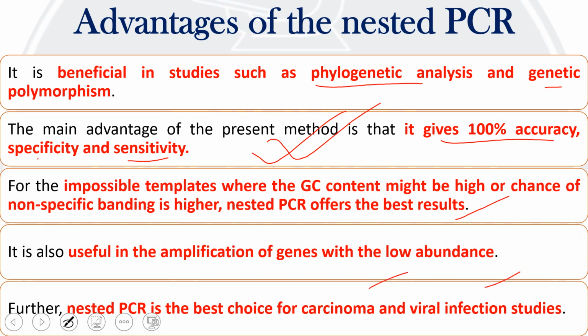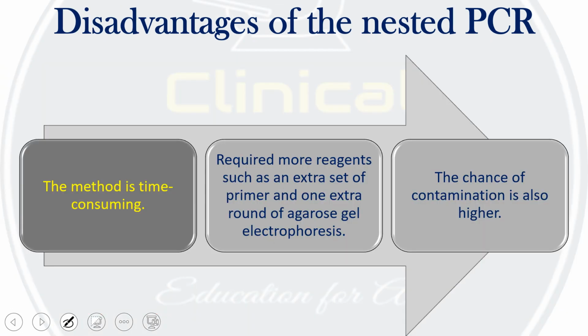But along with these advantages, there are certain disadvantages also. This method is very time consuming. It requires extra reagents, so it is a costlier process, not cost effective: we use one extra set of primers, we have to run gel electrophoresis, and we have to use nucleotides and many other things.